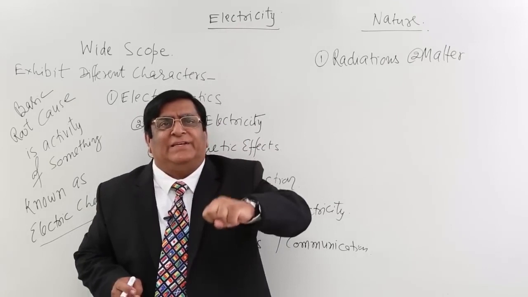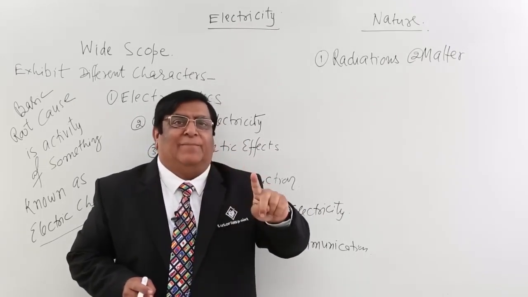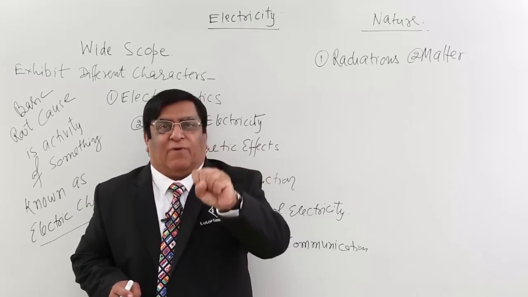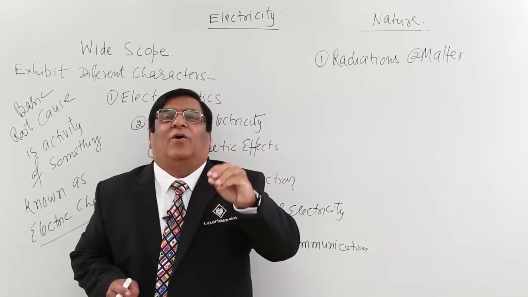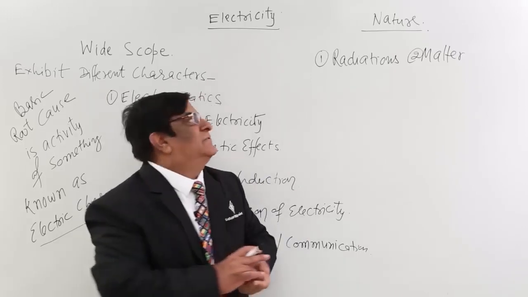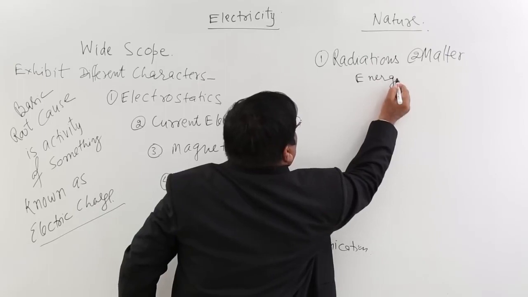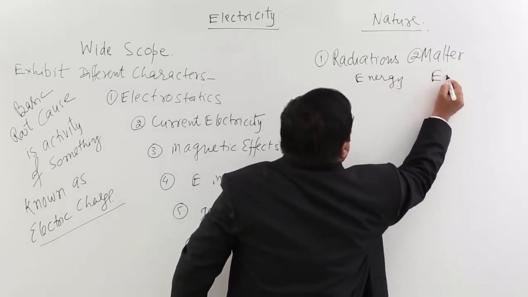And now very recently in modern physics we will study that radiation and matter both are basically one, and that is only and only energy. Sometimes this energy is being shown as radiation and sometimes it is being shown as matter.